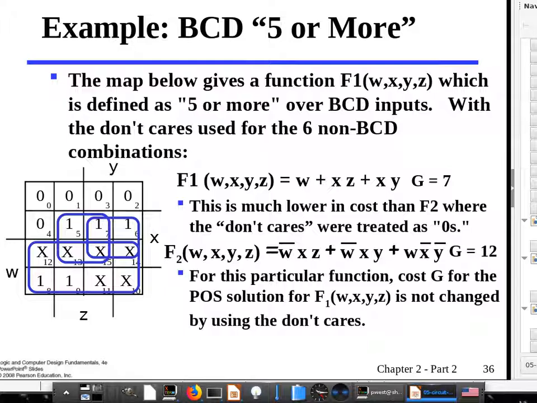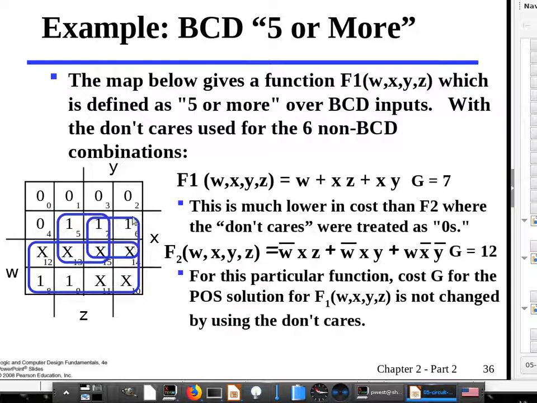So here, look at those X's. What this does is actually help simplify the circuit greatly, because now for the bottom two, we can just select W. If there were no X's, then we'd have to select W and then W, not X, and not Y. But since we have X's right here, we can just select W, which simplifies the circuit.